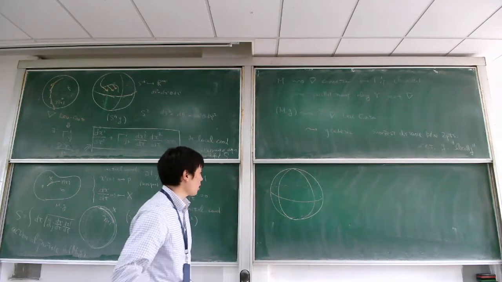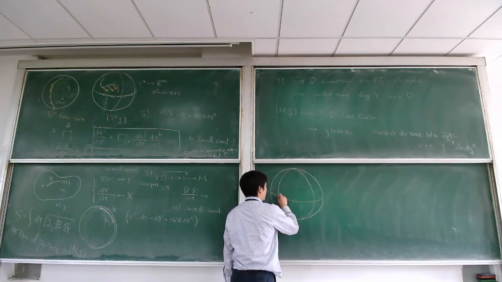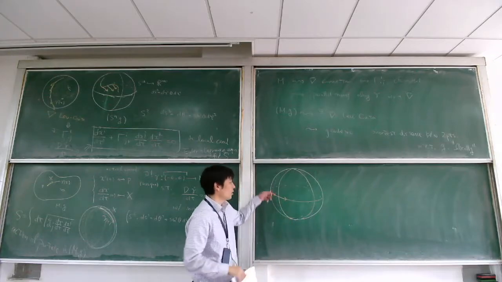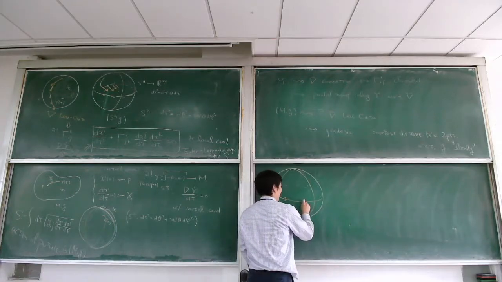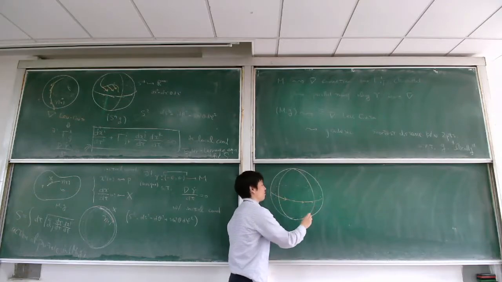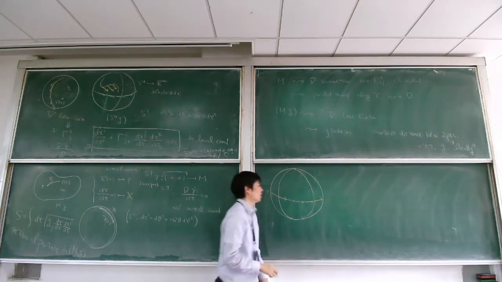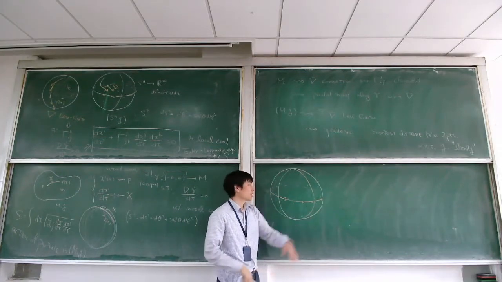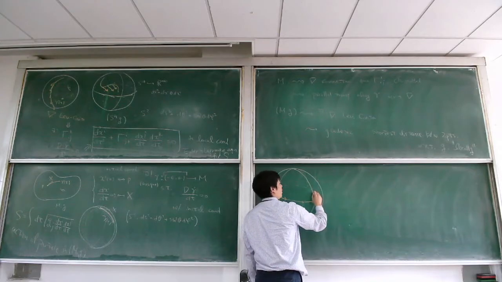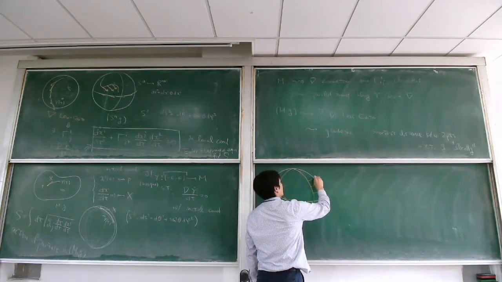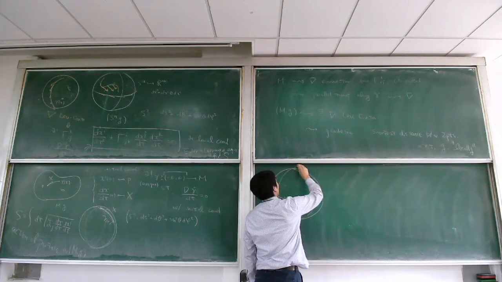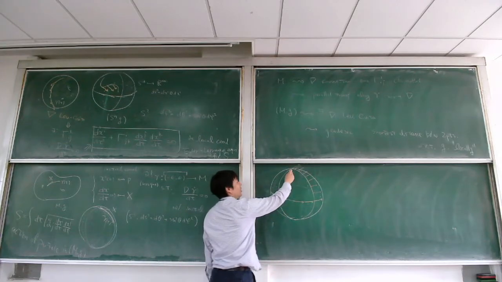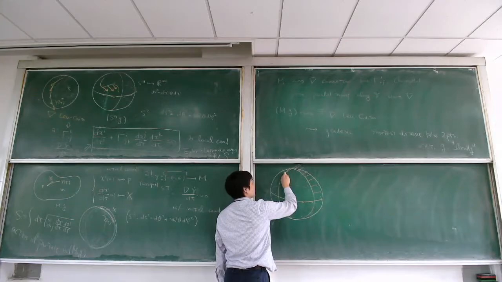Now we start with some tangent vector at this point and do the parallel transport along this geodesic, and then along the next geodesics, and then come back.